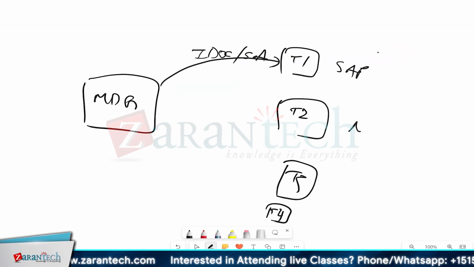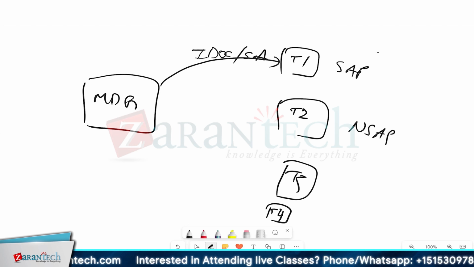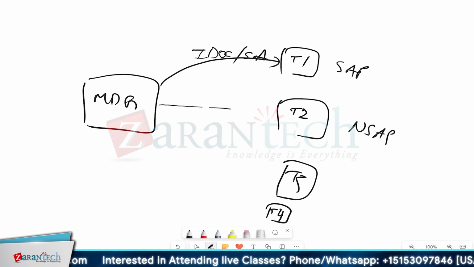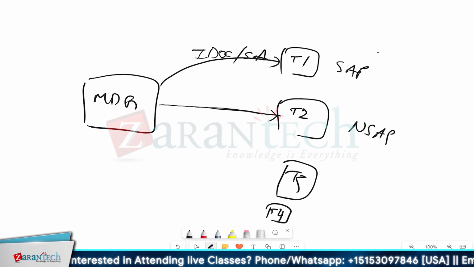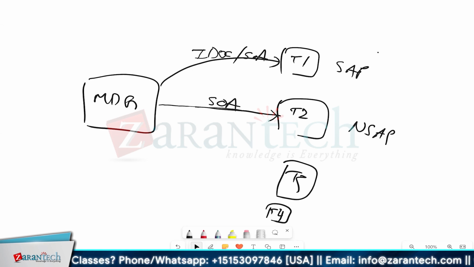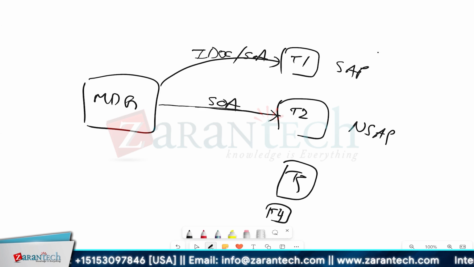This is a non-SAP system. In the case of a non-SAP system, if you are looking for a direct integration, only SOA is the option, because most of the time a non-SAP system doesn't understand IDOC. Maybe there are some systems which do. But SOA is a kind of HTTP call, so a non-SAP system can also understand it.